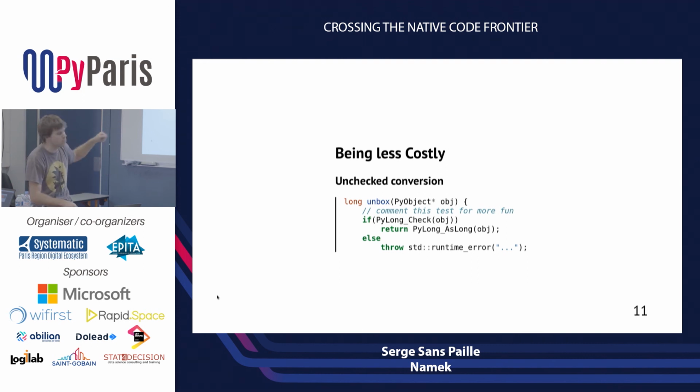And if it happens to be a string, then you will cast some random value as long, and you just get garbage. But then you're faster. So if there is a contract between your user and you that this is going to be of this given type, then you can just skip some checking. Obviously, you don't want to do that on a regular basis, but at least you know that you're paying this price.